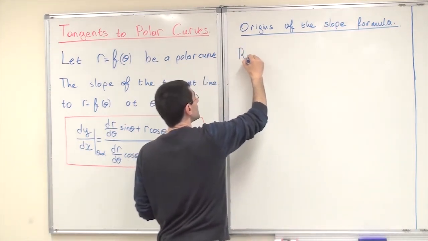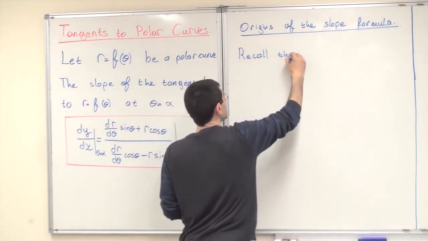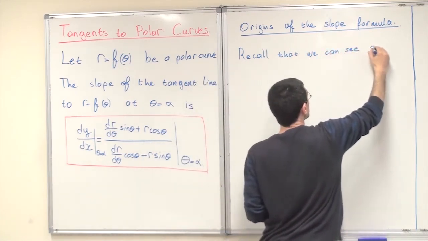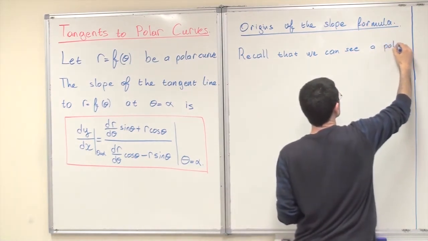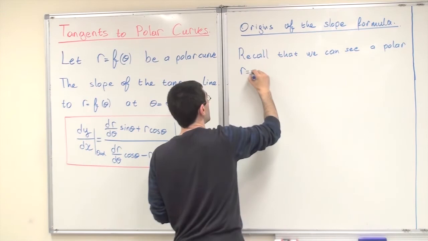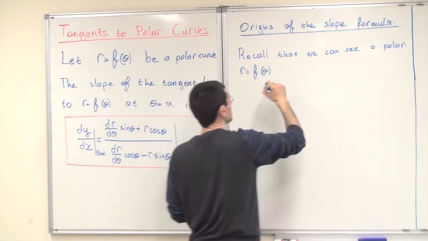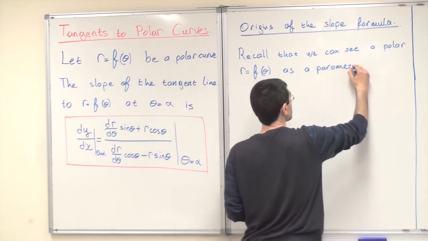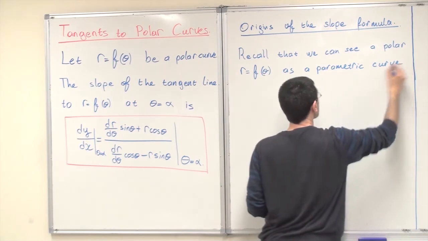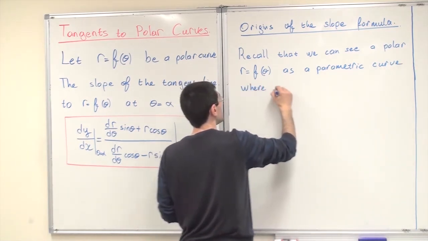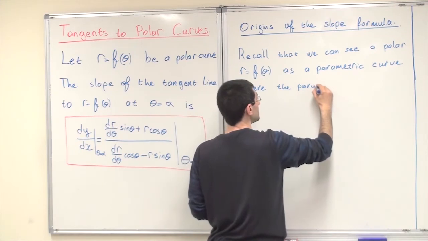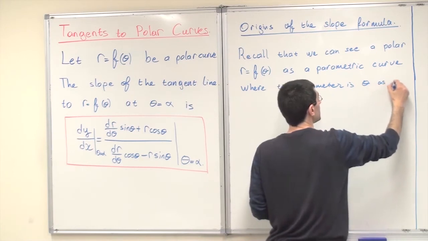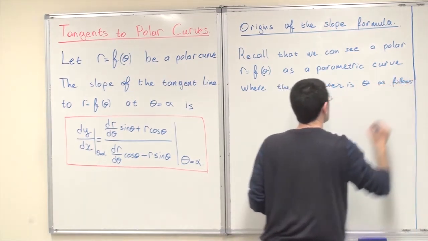Now, recall that we can see a polar curve which is of the form r equals f of theta as a parametric curve where the parameter is theta, as follows.